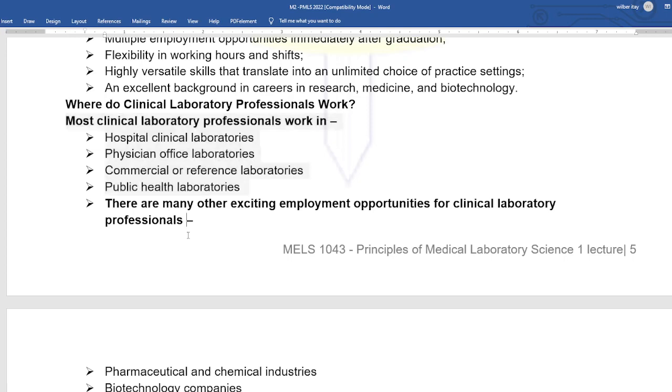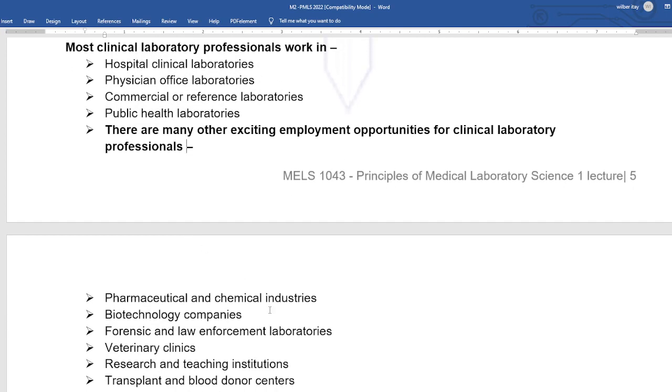But there are other career opportunities. So we can work in pharmaceutical and chemical industries because we have knowledge about different methods. Okay. So biotechnology companies, there are medical technologists who work in machine providers.